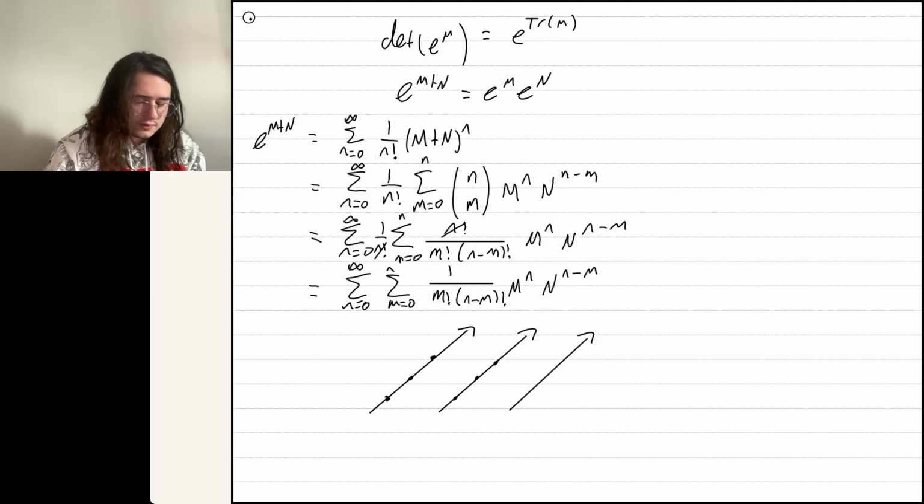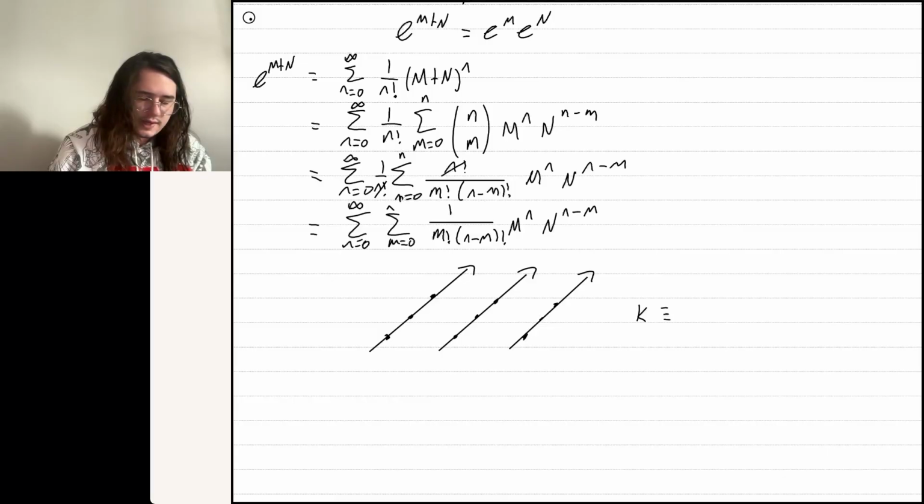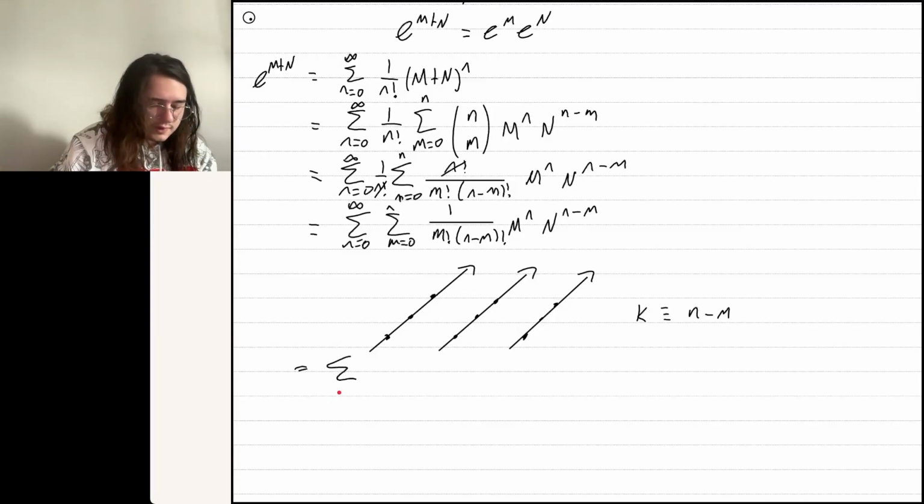And then he drew this little figure that I don't really understand. But basically, you can redefine a variable k as n minus m, and then you can rewrite the Taylor expansion as two infinite sums rather than one infinite and one finite. And only because the matrices commute can you do that.